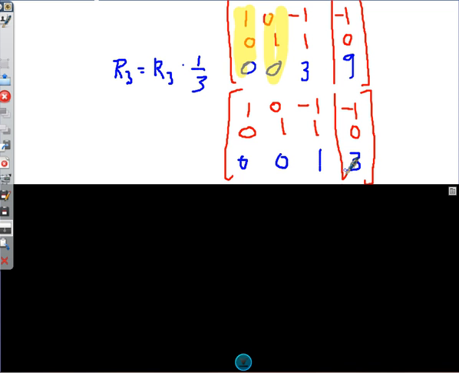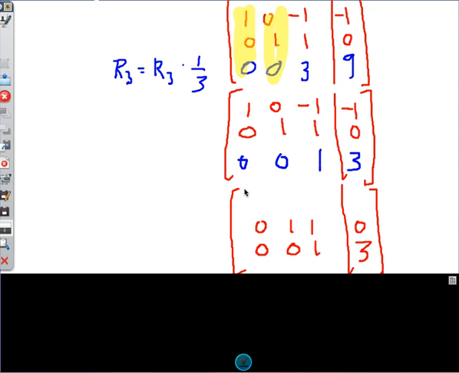Looks like we're getting closer and closer to where we need to be. We need a 0 here. It looks like we could add row 3 and row 1 together. So our new row 3 is equal to old row 3 plus row 1.